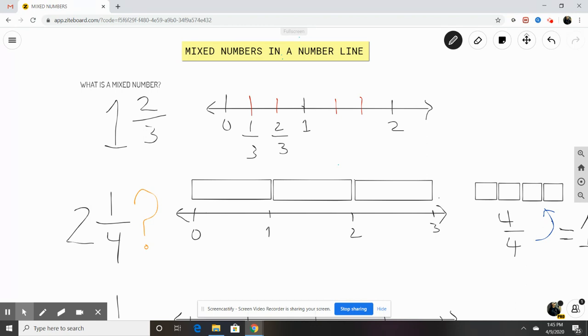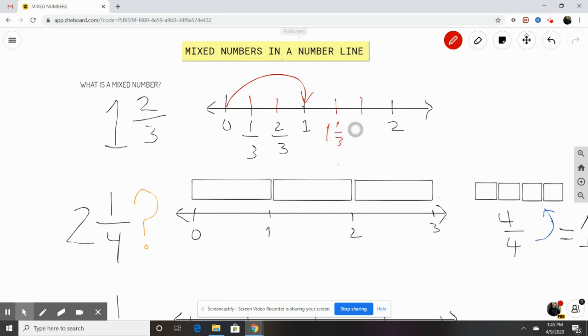When I go ahead and count from 0 to 1, I have 3/3, which means one whole, but I need two more thirds. So this one right here will be 1 and 1/3.